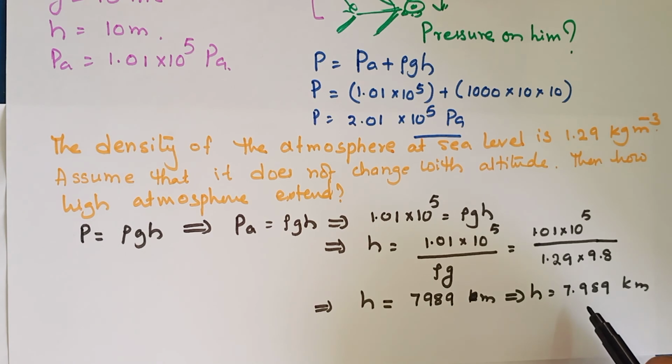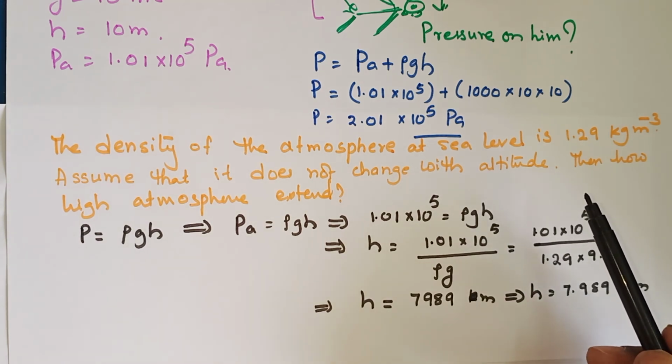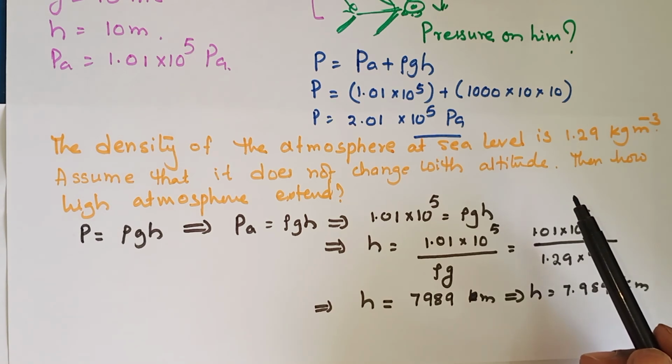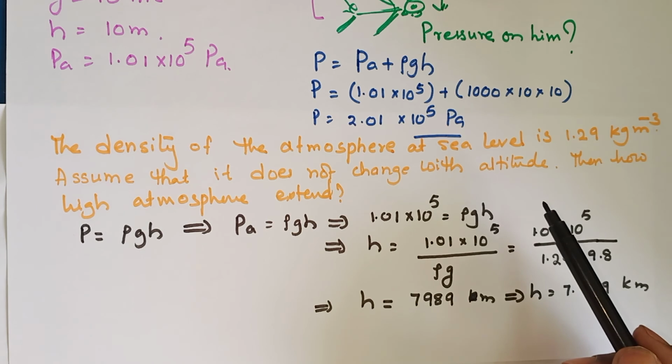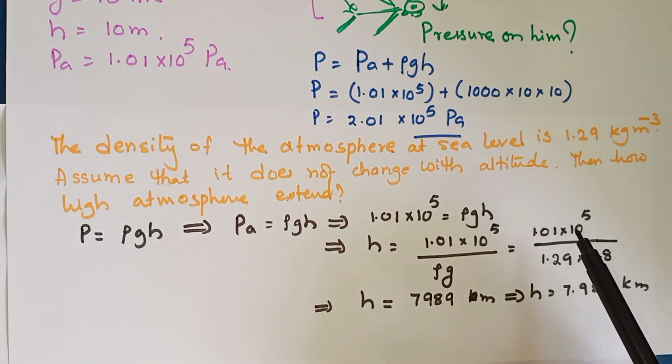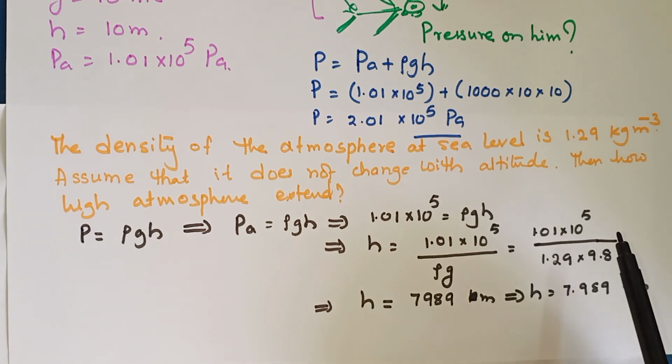In reality, the density of air decreases with height. As you go higher, the density decreases, so the atmosphere actually extends over about 100 kilometers.